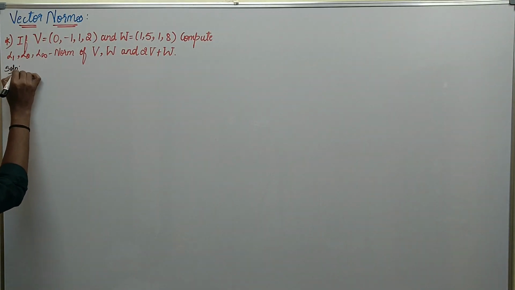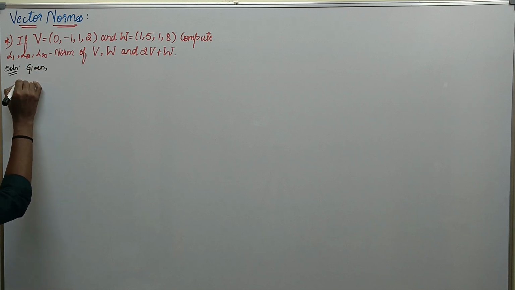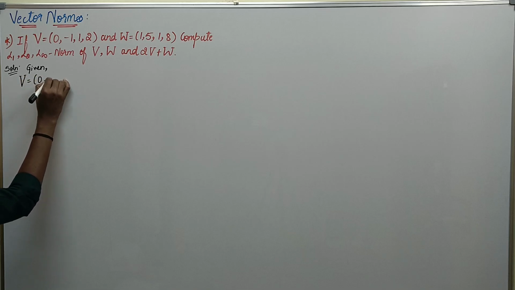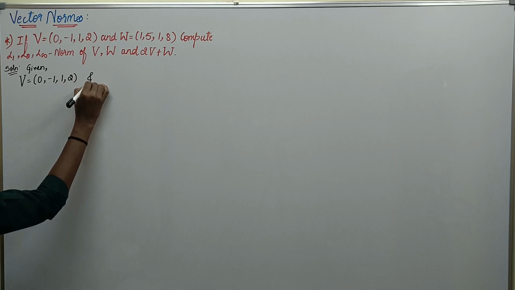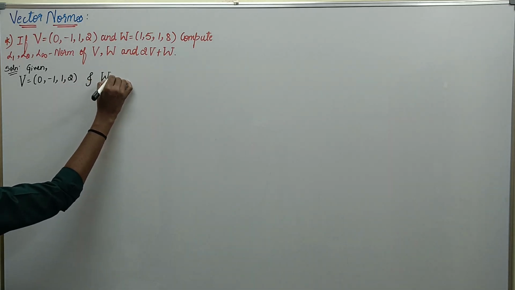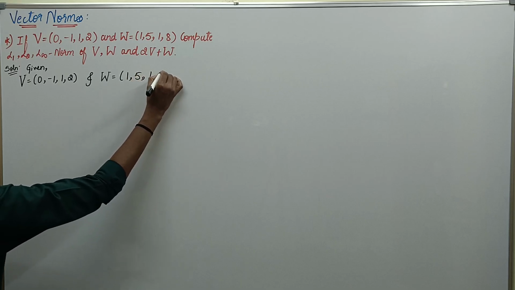Solution. Let us consider the given, that is capital letter V, which is equal to 0, -1, 1, 2, and capital letter W, which is equal to 1, 5, 1, 8.